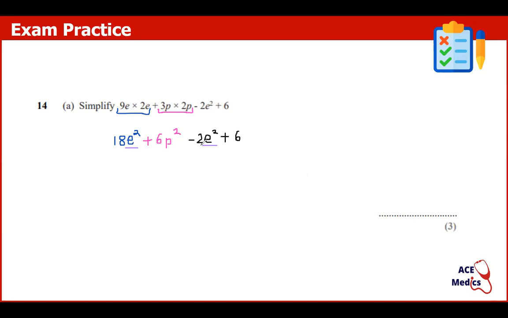Remember, the minus is to do with the thing that comes after it. So 18e squared take away 2e squared is going to give us 16e squared. Remember, when we're adding and subtracting, we don't mess with the squares. Okay, and then we can just add the rest on. So plus 6p squared plus 6, and that's our answer.